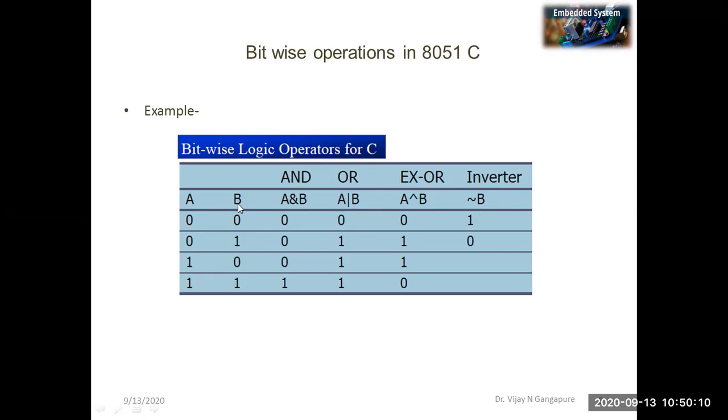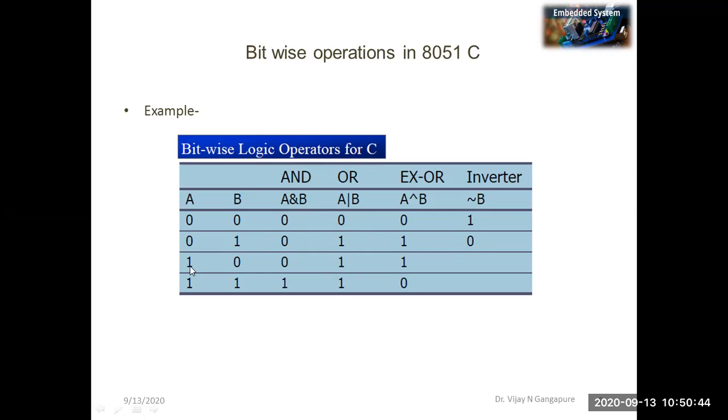So if B is 0, after the bitwise inversion operator on data B, it becomes 1. Then if A and B are 0 and 1, A ampersand B produces again 0, A or B produces 1, XOR produces 1, and tilde B, that is inversion of B, B is 1, so it becomes 0.